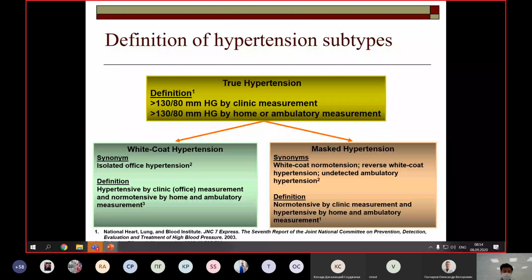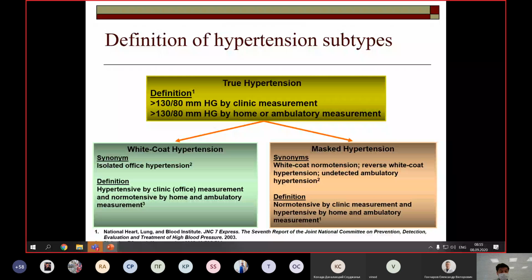What should we do with patients having isolated increased systolic and diastolic BP at a visit to the physician's office, and in contrast, not having elevation of BP at home? For this clinical situation, it is called white coat hypertension.